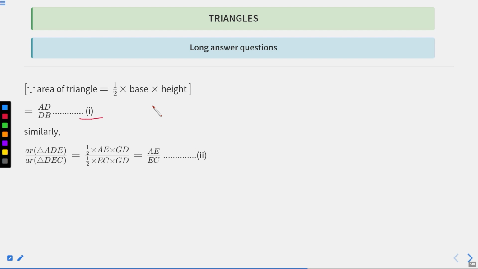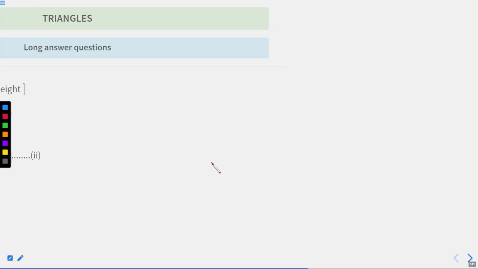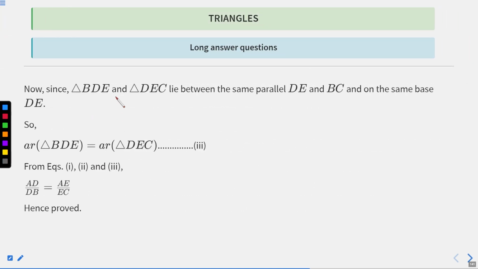Similarly, area of triangle ADE by area of triangle DEC is equal to half into AE into GD by half into EC into GD, that is equal to AE over EC. Naming this 2. Now, since triangle BDE and triangle DEC lie between the same parallels DE and BC, and on the same base DE, area of triangle BDE is equal to area of triangle DEC.